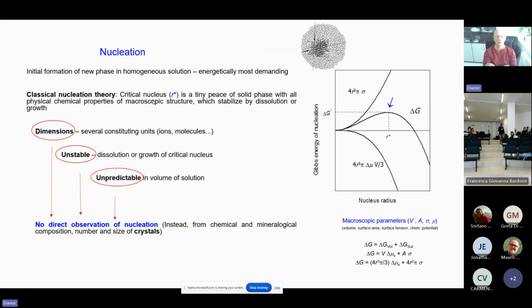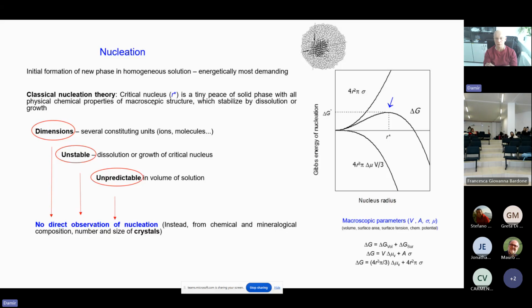It is an energetically most demanding process, and there are several theories which describe this process, but the generally accepted theory, which gives answer to the last question that arises here, is the so-called classical nucleation theory, which defines the critical nucleus or any nucleus as a tiny piece of solid phase which possesses all chemical and physical properties of macroscopic structure.